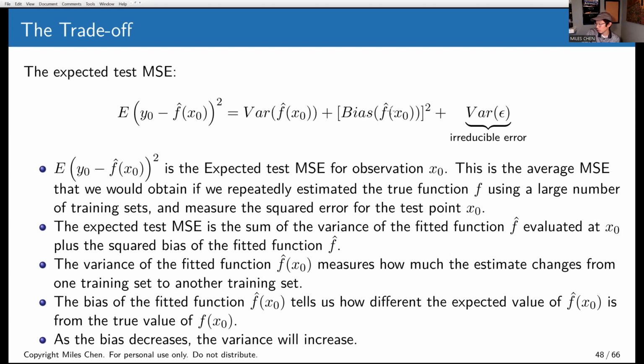And then we have the overall irreducible error that we can't get rid of, no matter how good our model is, even if we were to model the true relationship perfectly. Okay, and in general, as this bias increases, the variance is going to increase.